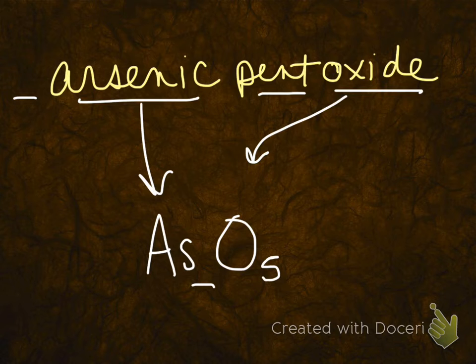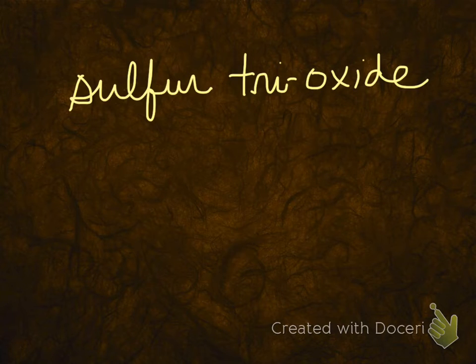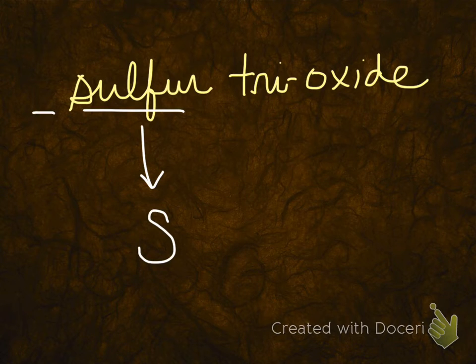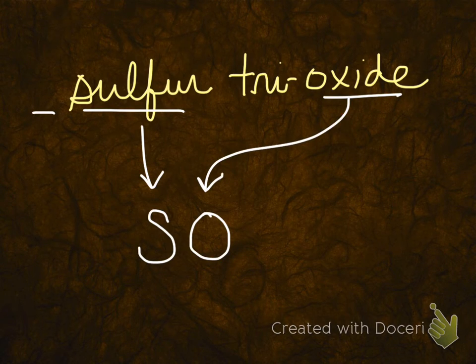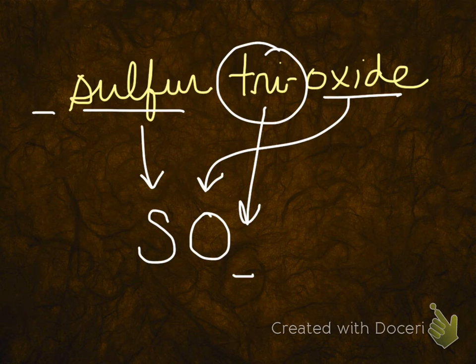So this would be As2O5 for our final formula. Sulfur trioxide. Well, sulfur obviously we know, and since there's no prefix, there's also no subscript. Now we have sulfur joined with oxygen, and our subscript comes from this prefix. So this is SO3.